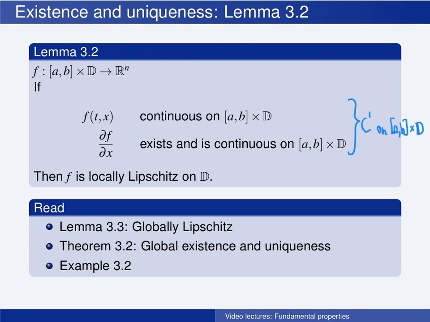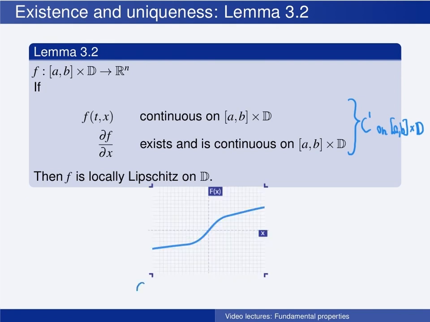One interesting thing to note from Lemma 3.2 is that the function being continuously differentiable implies that it is locally Lipschitz. It can be easily shown that the local Lipschitz property of a function is stronger than continuity, and therefore this again implies that the function is continuous.